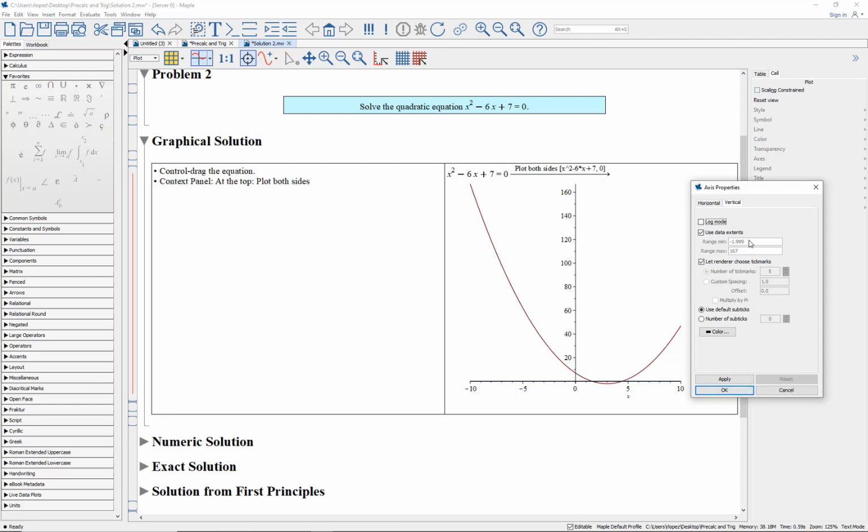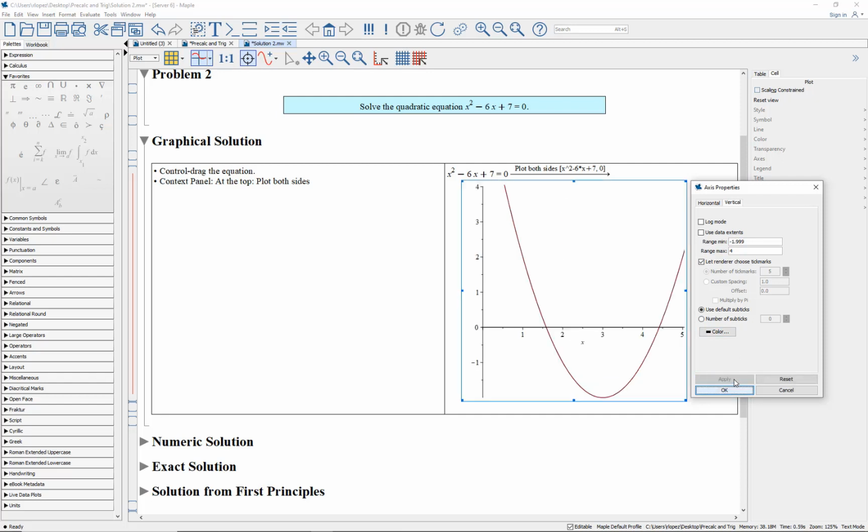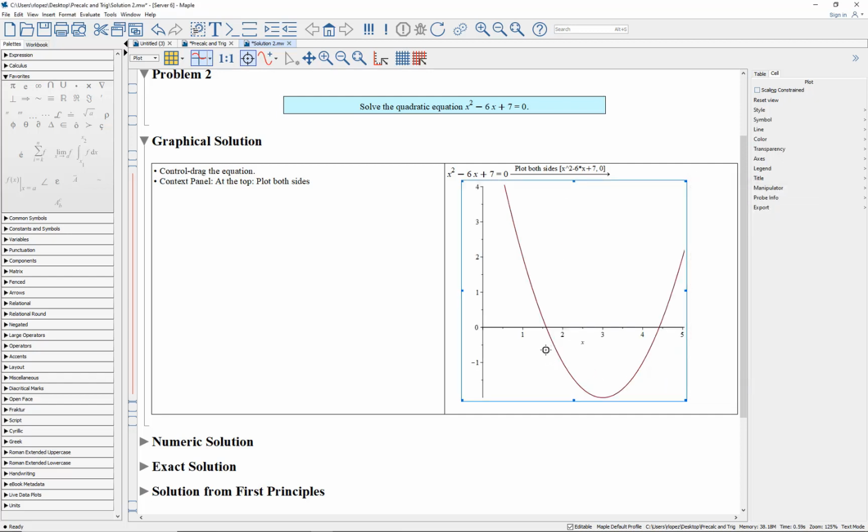How about -2 to 4? See if that works. So let's apply that. Yes, that's fine. You can see that one solution is slightly bigger than 1.1 and slightly less than 1.5, and the other is slightly less than 4.5.